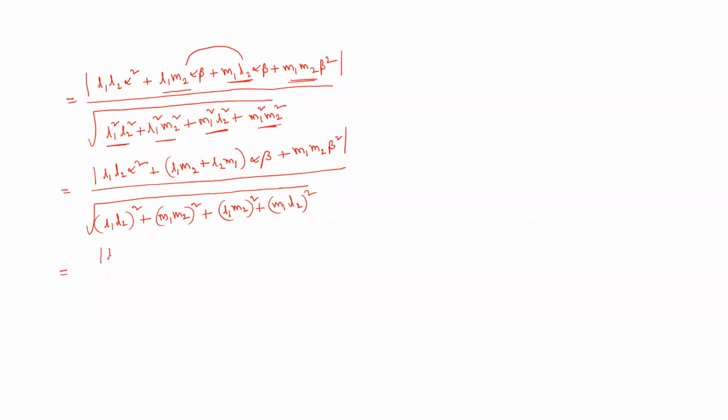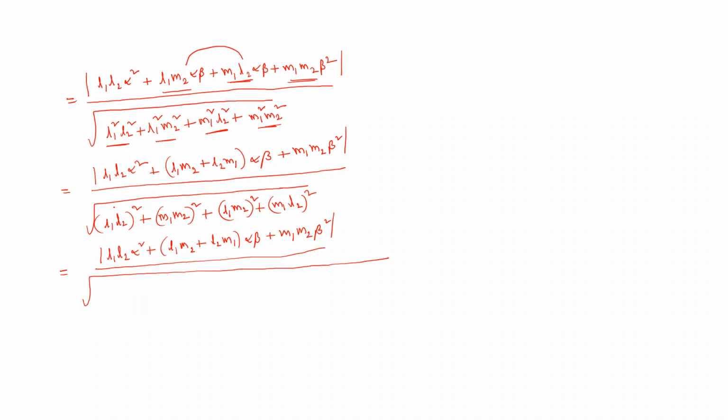Numerator as it is: L1 L2 alpha square plus L1 M2 plus L2 M1 alpha beta plus M1 M2 beta square. Denominator under the root as it is, like the cos theta theorem.